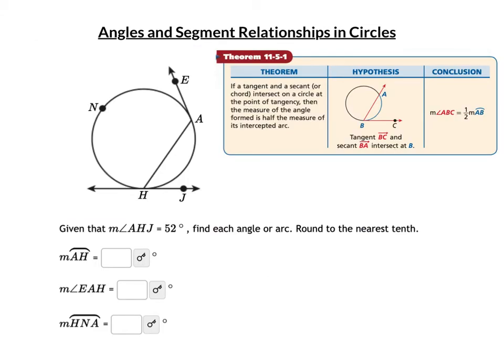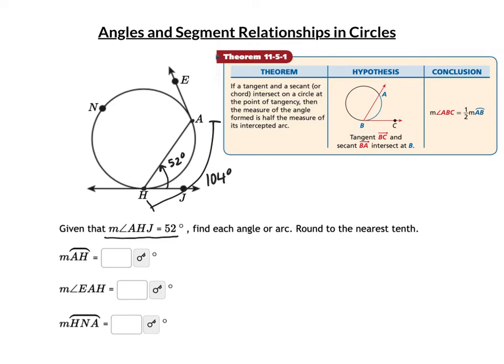In this example, we have two tangents, AE and HJ, and we're going to be given one angle or arc, and we need to find the other angles or arcs. In this question, we're given that the measure of AHJ is 52 degrees, and we know that this angle is half of the arc, which means the arc is twice as big. If this one is 52 degrees, the arc is twice that, it's 104 degrees.